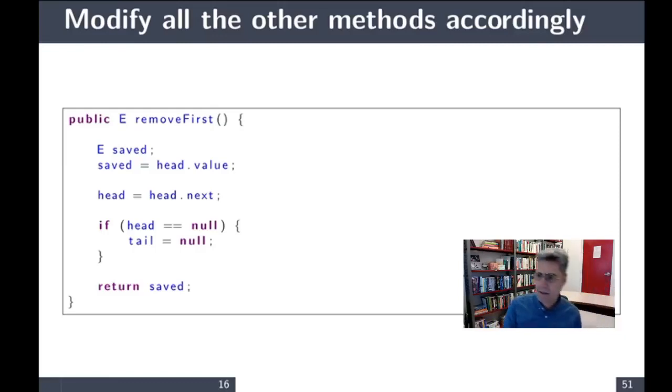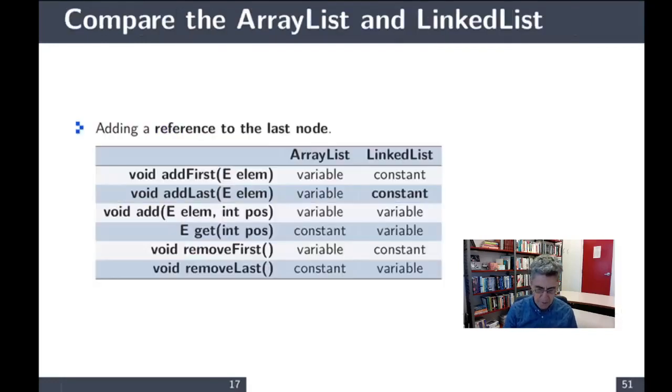Okay, so we see that the fact that we now have a reference variable to the last element was useful to accelerate add last. However, it makes every method now a little bit more complicated. We have to make sure that tail is adjusted when it needs to be. Okay, so we now have add last fast.